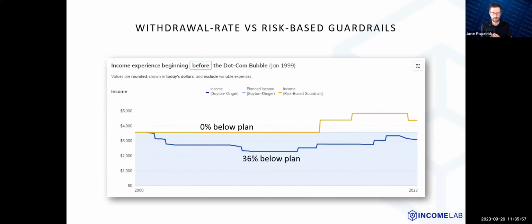And we see that here, which compares really well to the Guyton-Klinger approach, which had you decreasing income through the dot-com bubble and actually ending up 36% below plan, never getting back above plan.